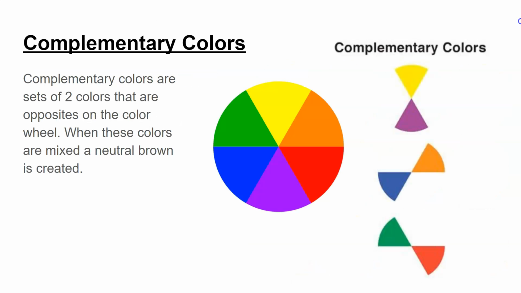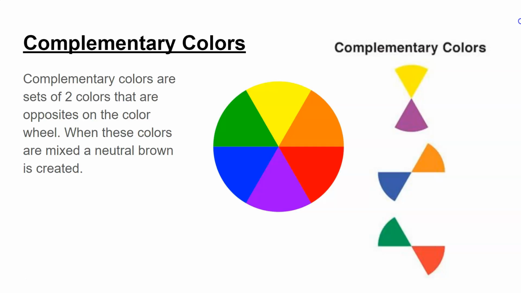All right, the next color family is complementary colors. Complementary colors are sets of two colors that are opposites from each other on the color wheel. When these colors are mixed together, they do make a neutral brown. There are three main sets of complements, and you can see them over there on the far right. We have yellow and violet, blue and orange, and red and green.